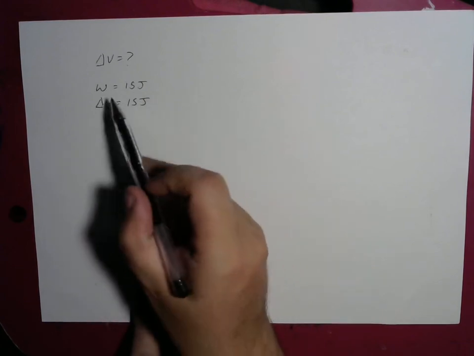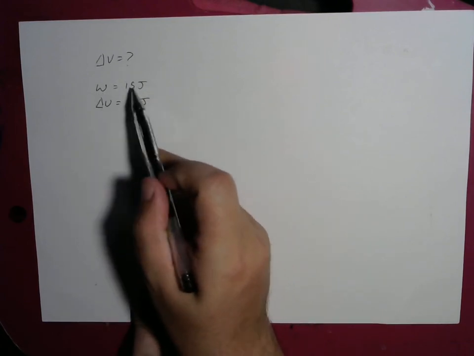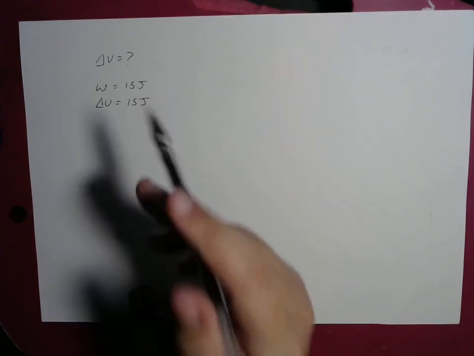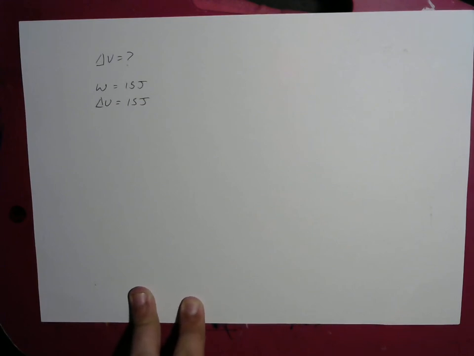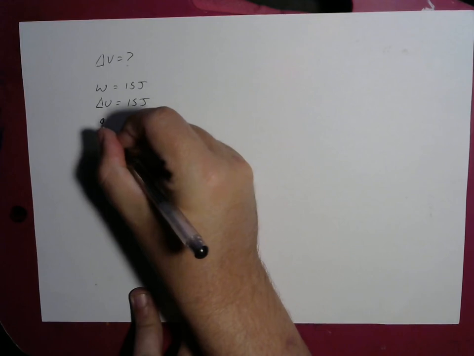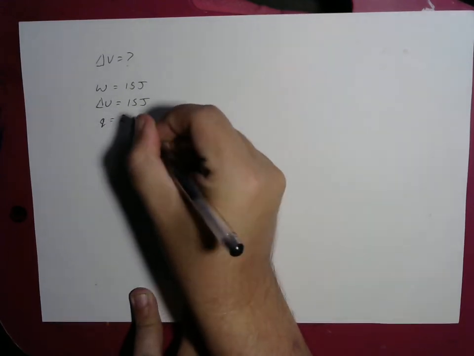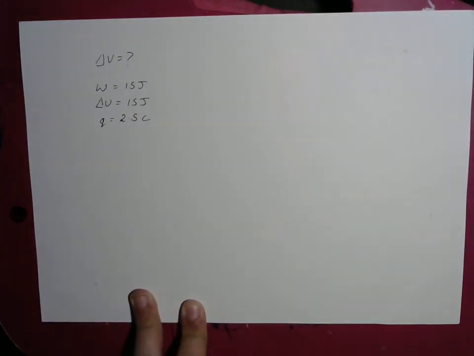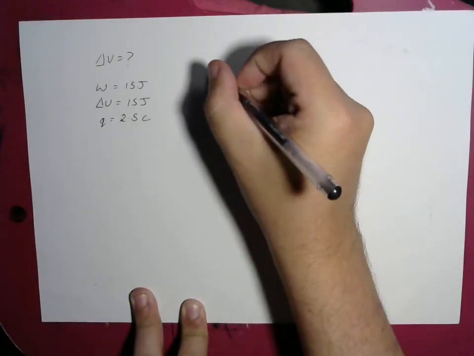This is not given in the textbook. I'm just doing this as an extra to make it a bit clearer. And we have our charge, Q equals 2.5 coulombs.